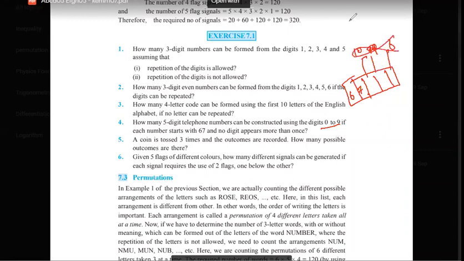No, wrong, because 6 and 7 are already used. So you cannot do 10 into 9 into 8. You are left with 8, then 7, then 6, because it is said that no digit appears more than once.